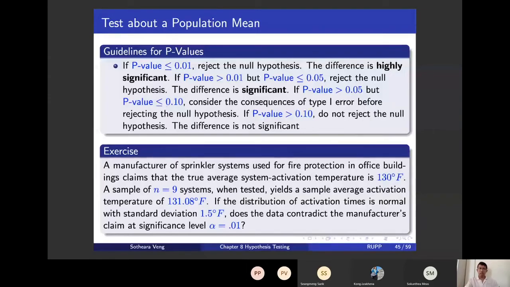But if you reject it, just consider the consequence of the type 1 error, because you may reject it while it is true, and the probability of that is very high, 10%. And if the p-value is greater than 0.10, do not reject the null hypothesis. In this case, the difference is not significant. So what is the difference here?